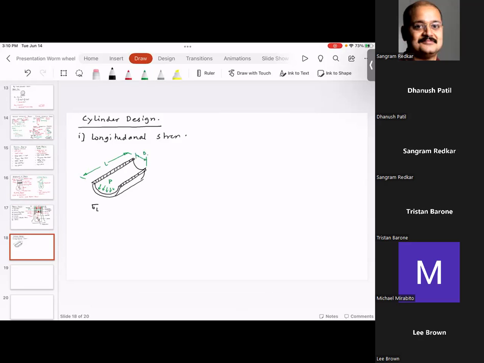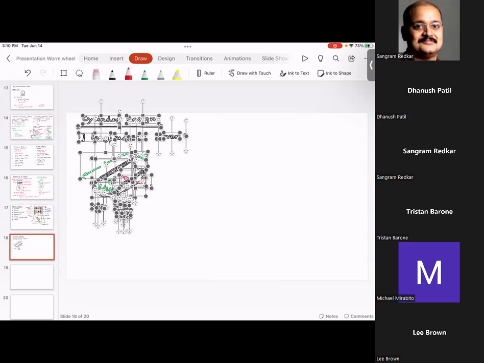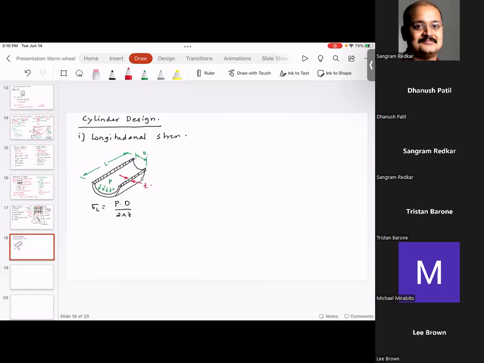So sigma L is equal to P times D divided by 2 times T, where T is the thickness. If you think about how this equation came into existence, the pressure P multiplied by diameter multiplied by length gives you force, divided by L times T times 2, that gives you PD by 2T.